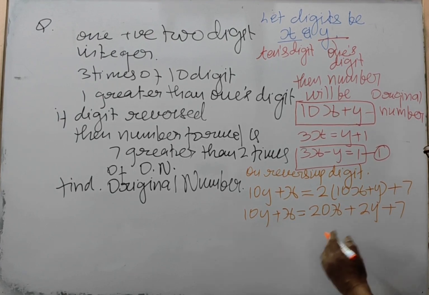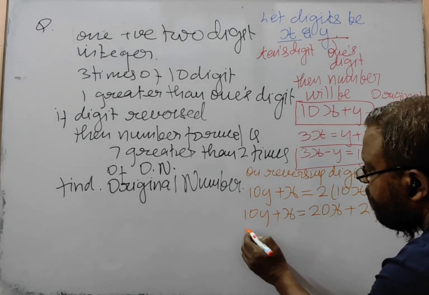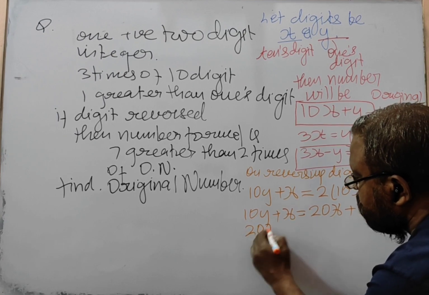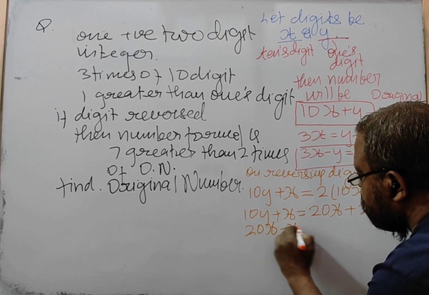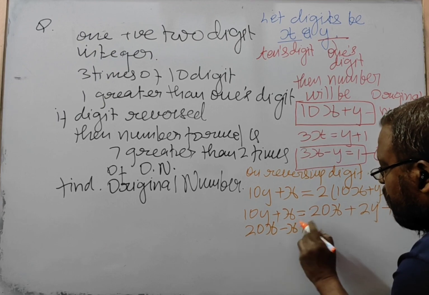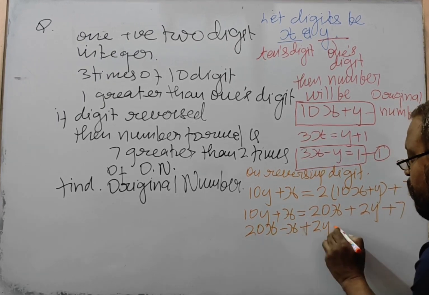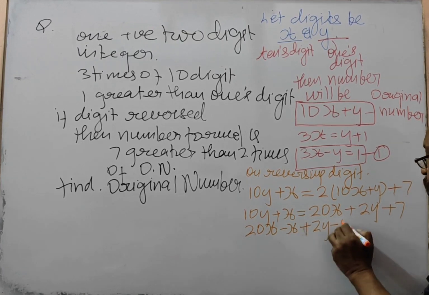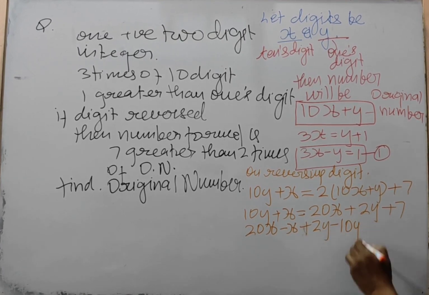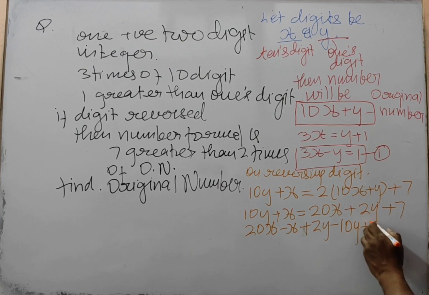It becomes 20x minus x plus 2y minus 10y plus 7 is equal to 0.